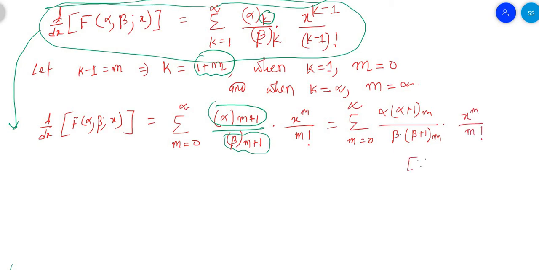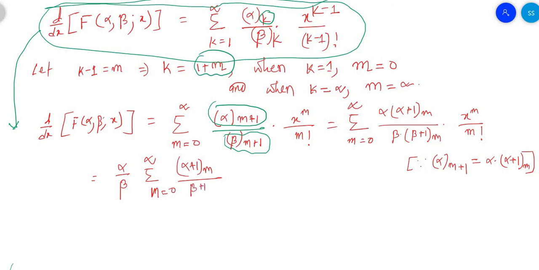Since (alpha)_(m+1) is equal to alpha into (alpha plus 1)_m, we get alpha over beta summation m equals 0 to infinity (alpha plus 1)_m over (beta plus 1)_m into x to the power m over m factorial.